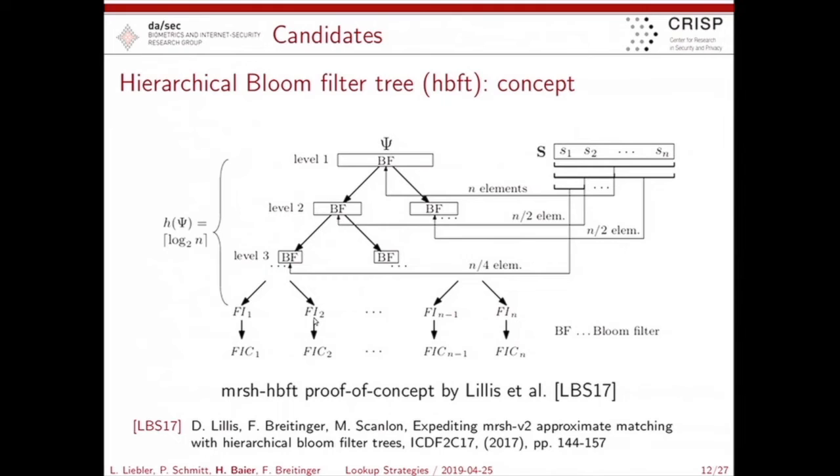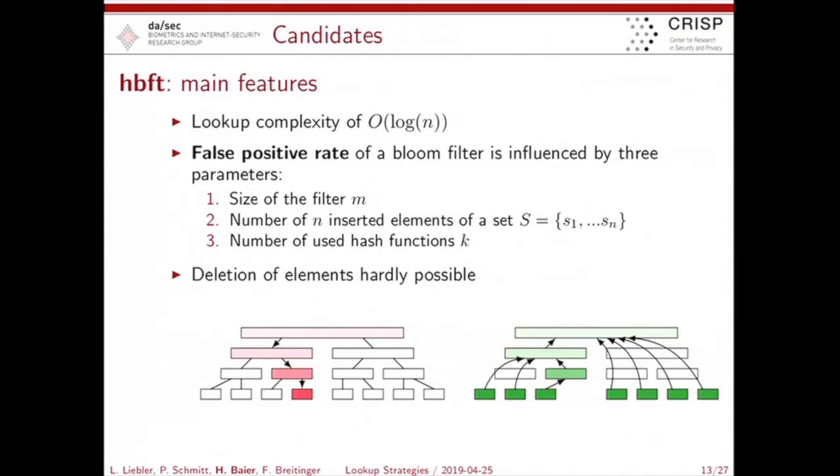So this is the main idea of the hierarchical Bloom filter tree. And this concept was implemented 2 years ago by some people from University College Dublin, with Frank. And this is some sort of proof of concept. This works.